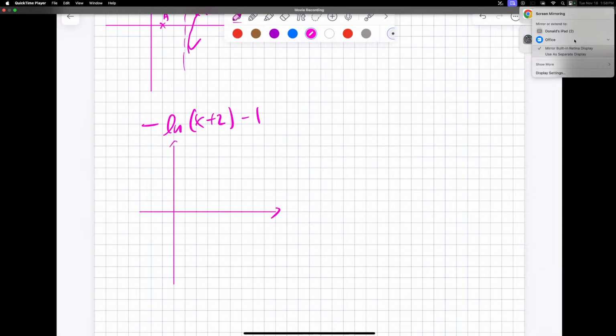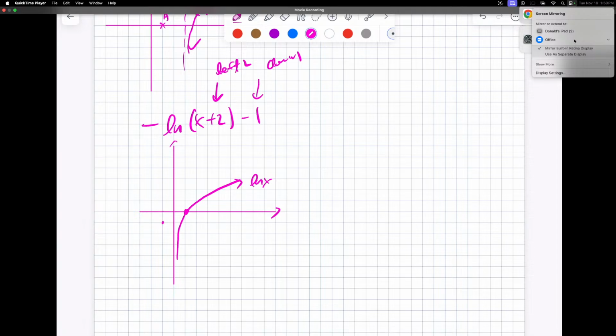This is ln of x. So that way we can see what happened. First of all, what does this do? Left or right? Left 2, right? And this, down 1. So left 2, down 1.